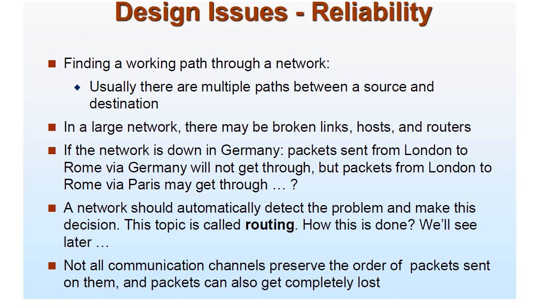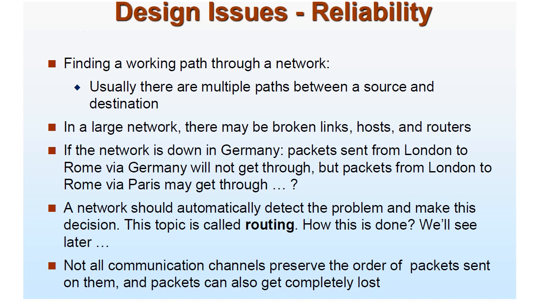How should it be identified which is the proper network, either through Germany or through Paris? That selection is done automatically by the software. This is called routing. How it can be done, we are going to study in the remaining chapters. When there is communication between the channels, it has to preserve the order of packets.